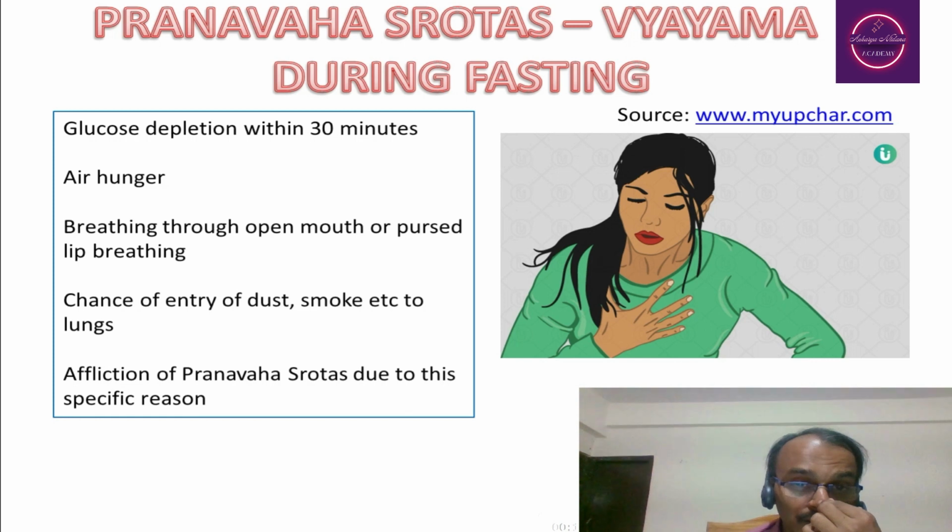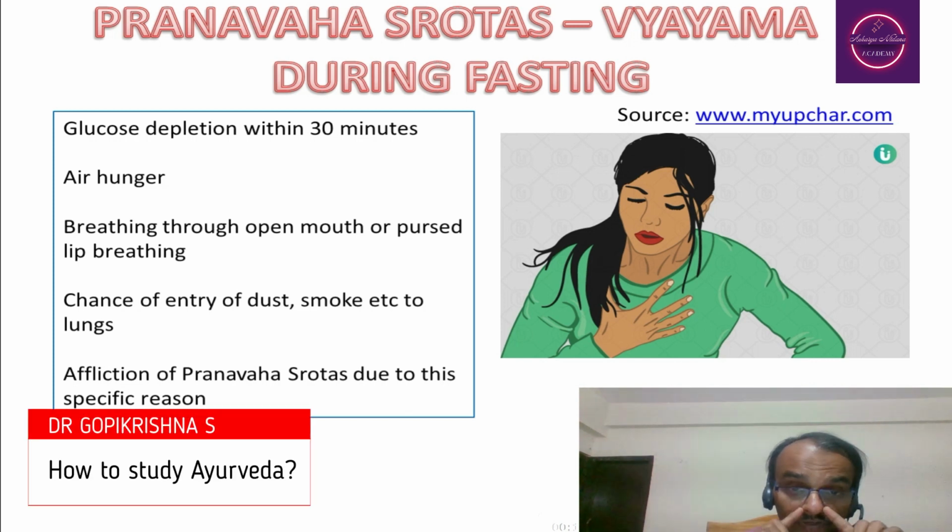For example, the hairs present in the nostrils and the nasal turbinates are the barriers that get bypassed.